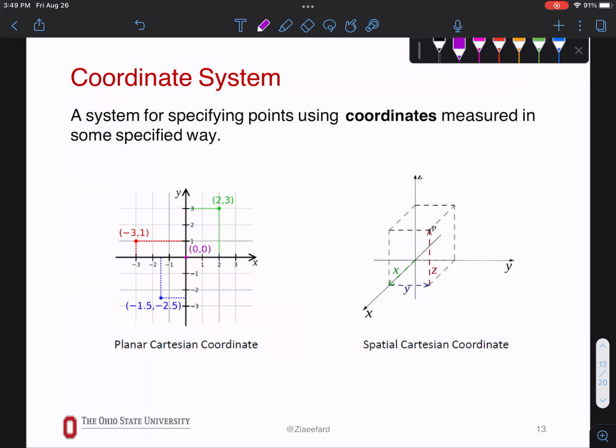So you all are familiar with Cartesians, right? Planar Cartesian is 2D, spatial Cartesian is 3D. Probably next class we can catch up.